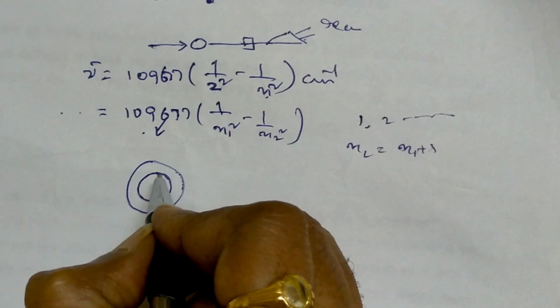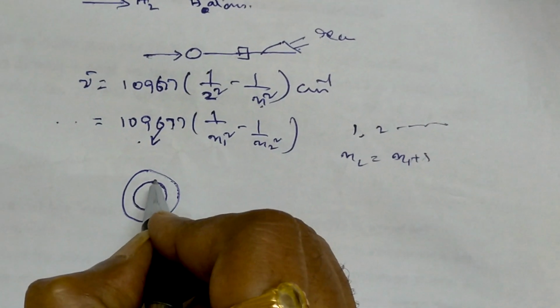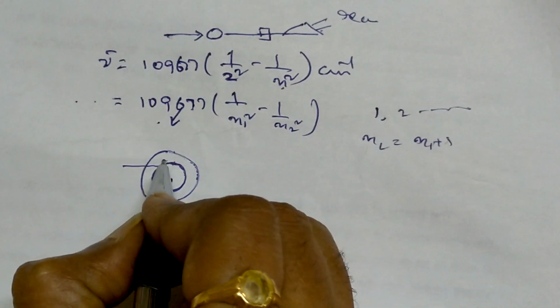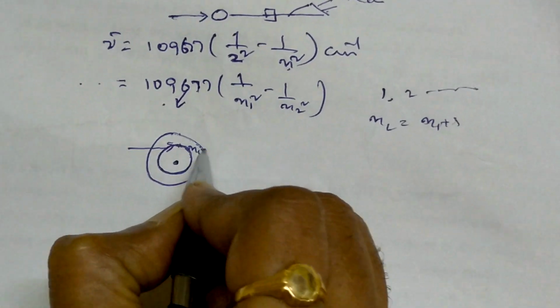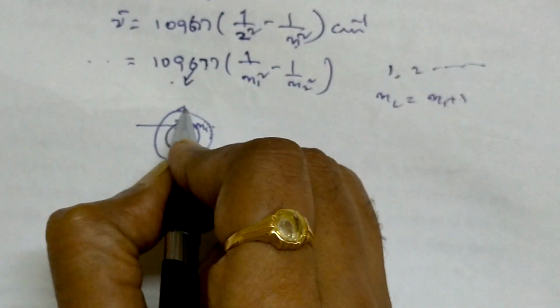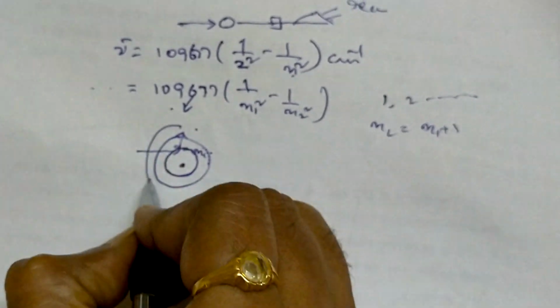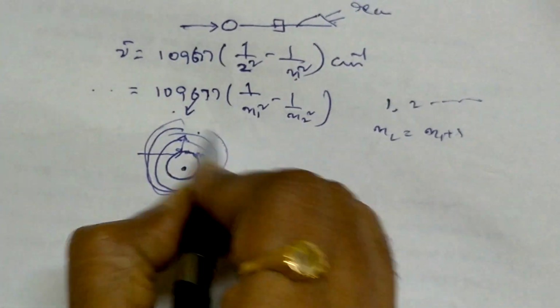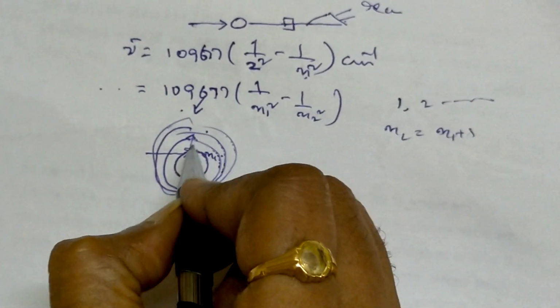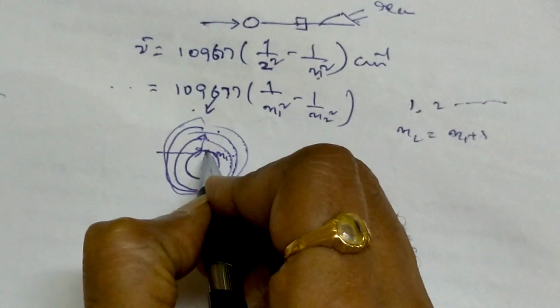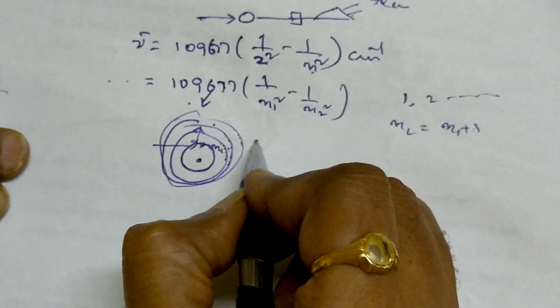Whenever an electron jumps from one state to another, by absorption, it goes from n1 to a higher state. Like this you can go on, as many as, till the electron moves away from the nucleus. That is called n equal to infinity.